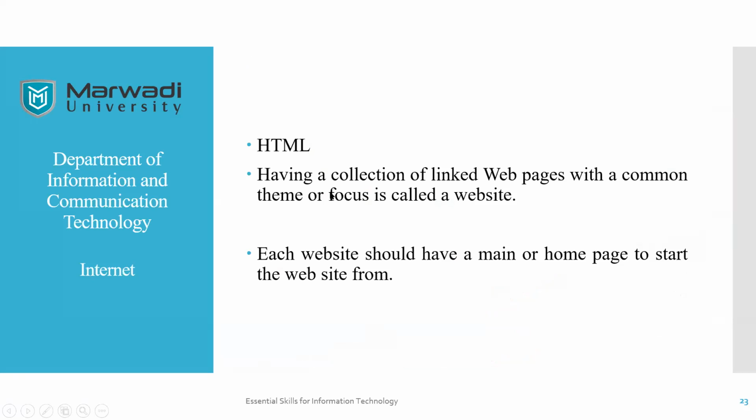A collection of linked web pages with a common theme or focus is called a website. When you have so many web pages and you combine all the pages under a common theme, you can call it a website like this.